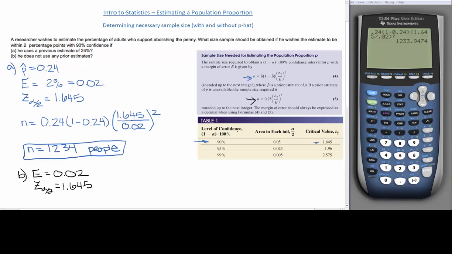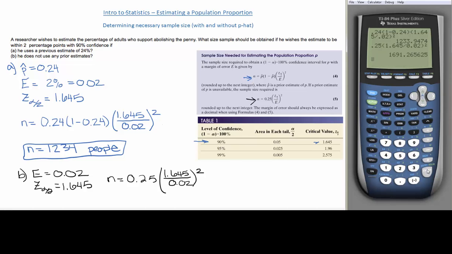And we're going to use the second equation. You'll notice that since we don't have a prior estimate, we're going to be using the formula that does not have a p hat in it. So n equals 0.25 times our z sub alpha over 2, which is 1.645, over 0.02, and then we're going to square that.